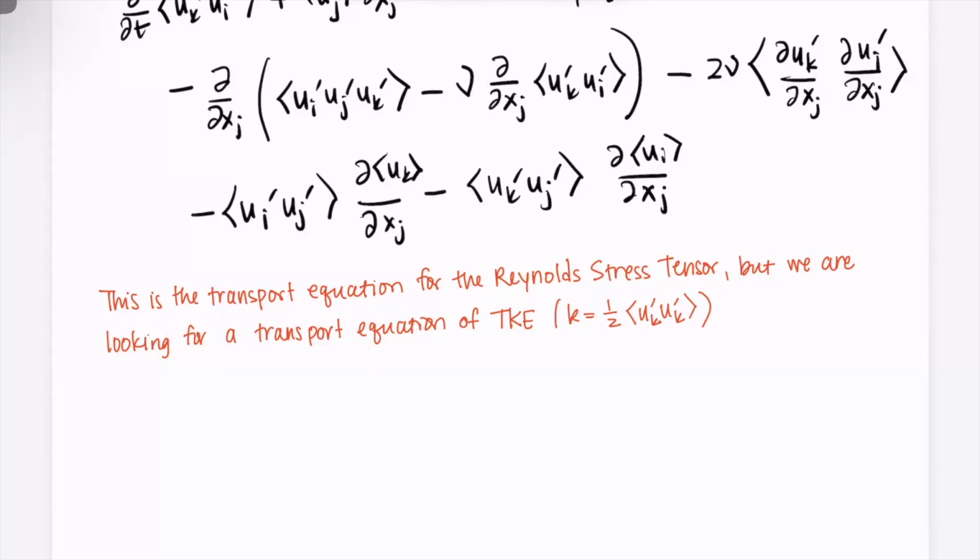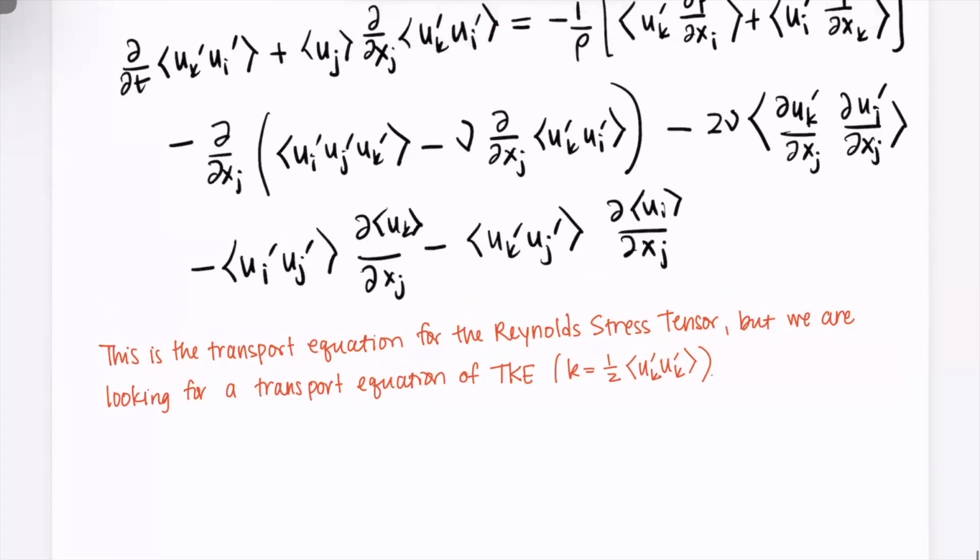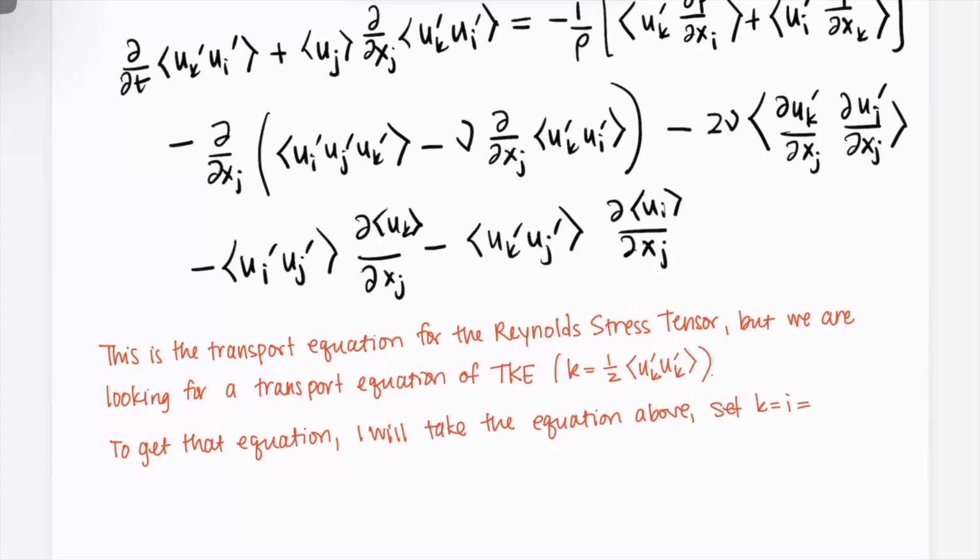Okay, so in order to get that equation, I will take the equation above, set k equal to i, and I'm going to just call them both m.